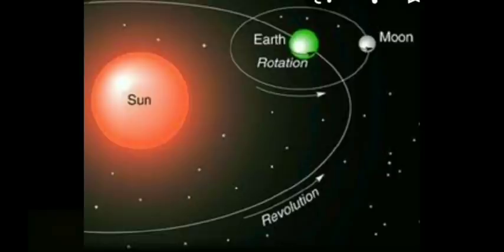So moon, whether it's a satellite or a planet, they have the motions, rotation and revolution. Sun is the only star which is in the center of our solar system. Let's go ahead.